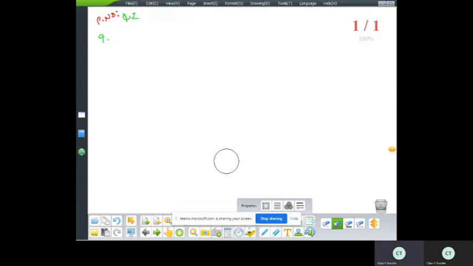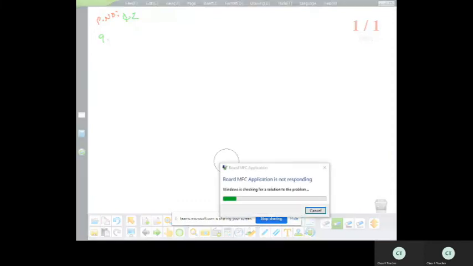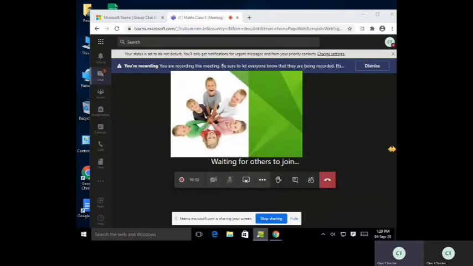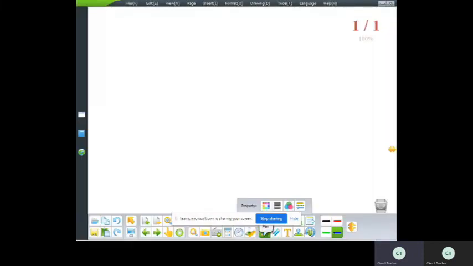Write 5 numbers between 800 and 900. They must have 5 in the tens place.